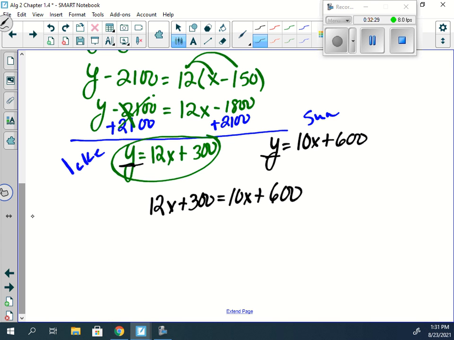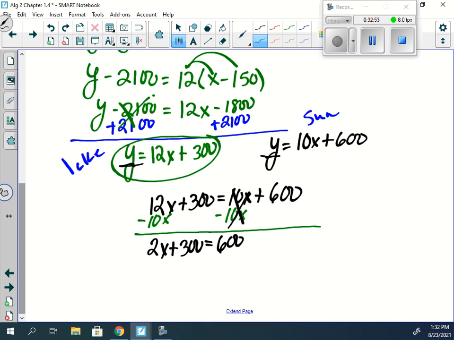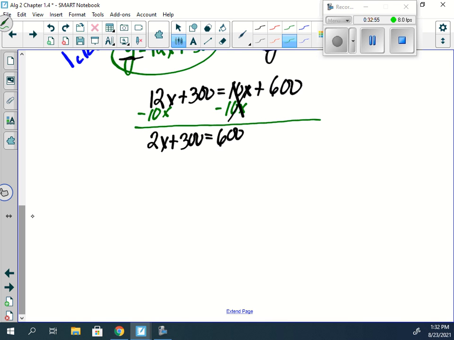So what can we do first? We can get x on the same side of the equal sign. There's many different ways we could do this. This is going to be one of them. 12x minus 10x is 2x. Plus 300 is equal to 600.